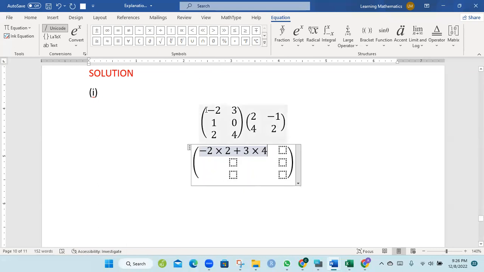Okay? -2 times 2 plus 3 times 4. Now we're also going to have -2 times -1 plus 3 times 2. Here we're going to have this happening there for the first row in the product.